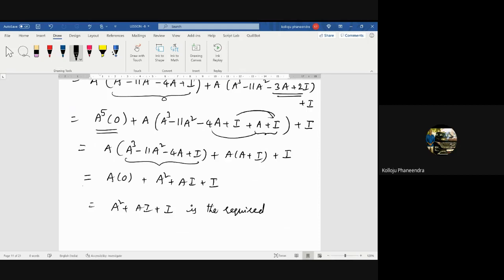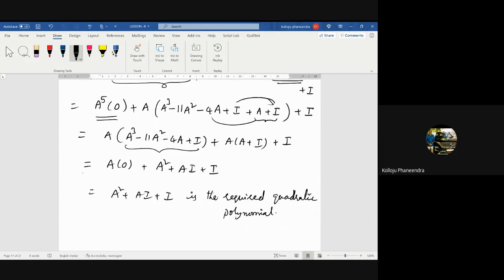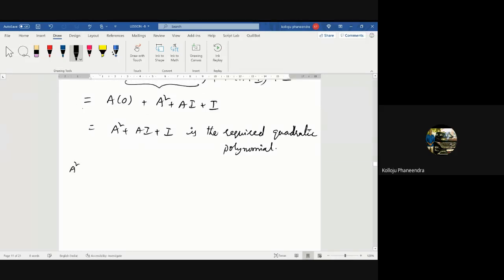That is the question: convert it to a quadratic polynomial. This is the required quadratic polynomial. And hence find it. And hence find it means what? Find the matrix value. A square plus AI means what?